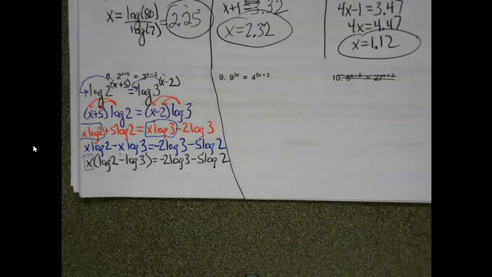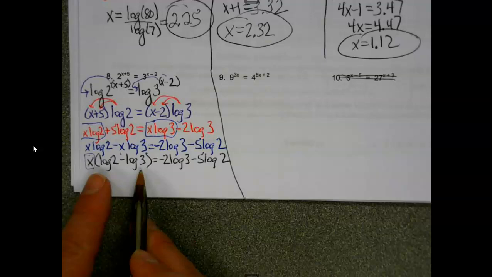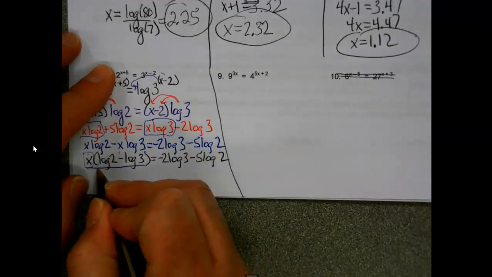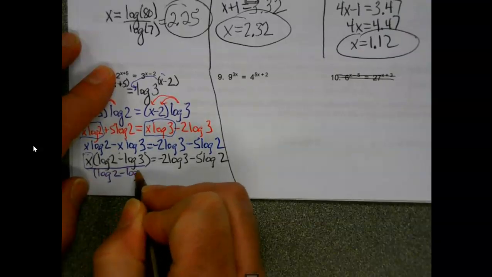Finally, we have one x, and we can actually get to it. It's not stuck with anything else. So, just like we do in any algebra expression, once I have x there, what do I do to get x alone? I'm multiplying it by this quantity, this set of parentheses. We're going to divide both sides by that quantity.